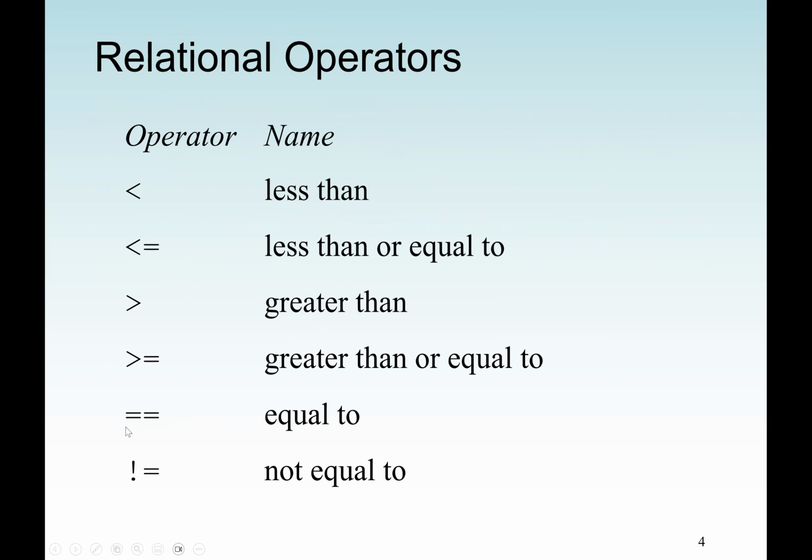Now in Python, if we use only 1 equal sign, it means we are assigning a value on our right side to the left side. So in Python, 1 equal sign is called the assignment operator. 2 equal signs is called the equality or equal operator. We also have not equal, which is the exclamation and the equal sign. Again, there's no space between them.